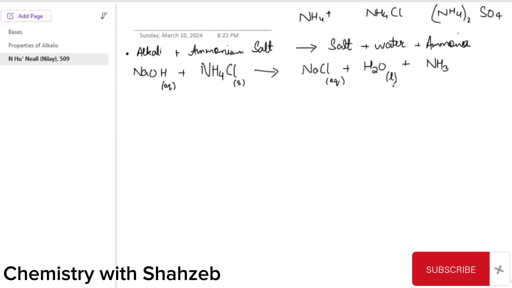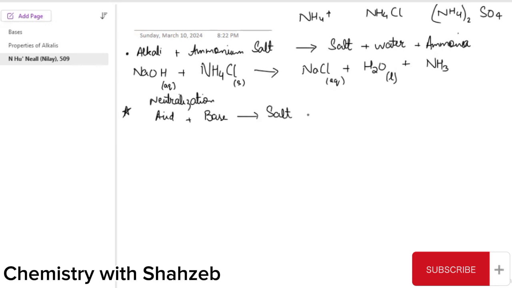Just remember one important detail here: a neutralization reaction is when an acid reacts with a base, forming salt and water.